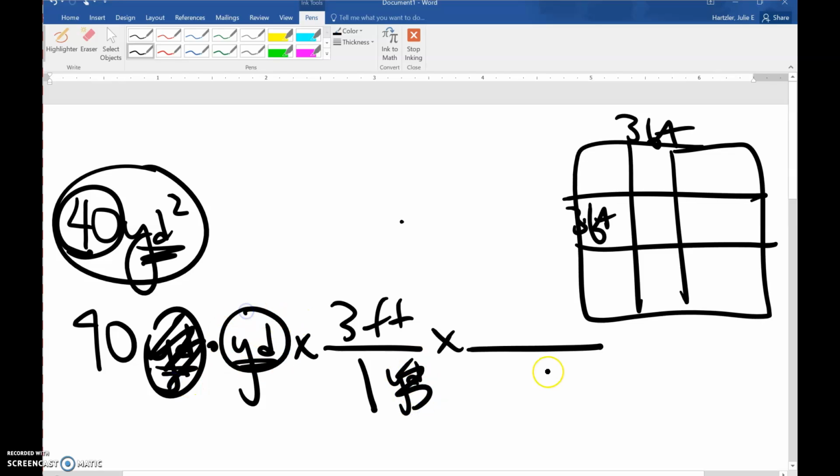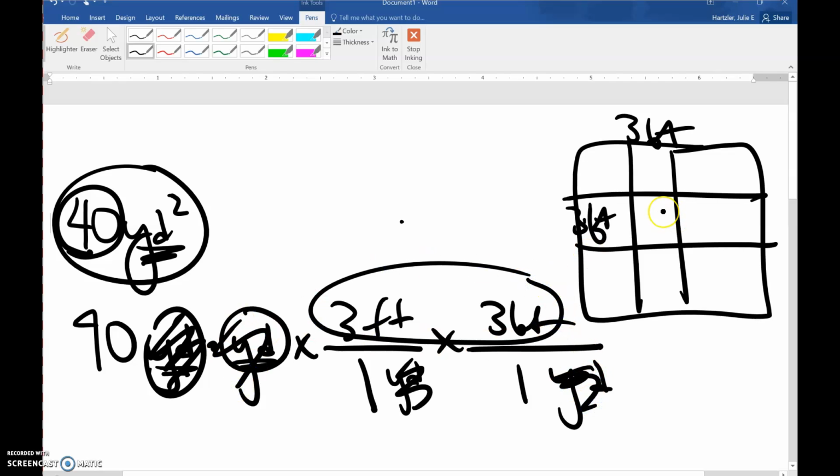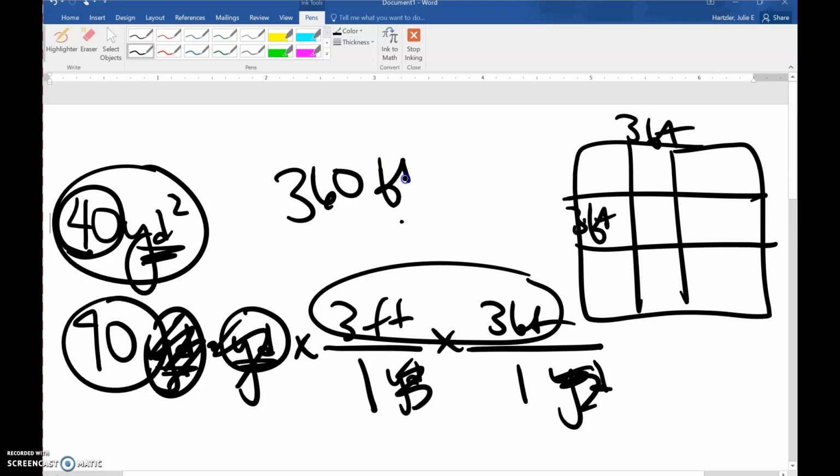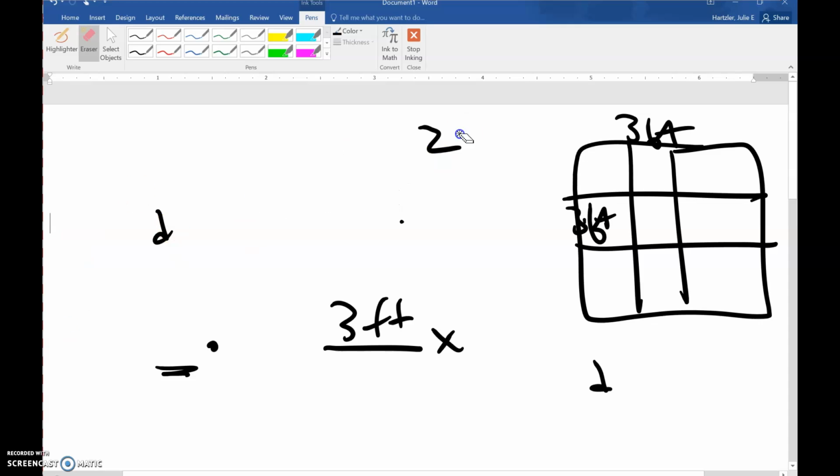And then yards on top, so yards on bottom, and there's 3 feet in that yard. And notice that that will give you the 9 square feet that are really in a square yard. So then you just multiply across. So that's 360 square feet that you would need to buy to be the equivalent of 40 square yards. And so with those square ones, it's just easier to write it twice.